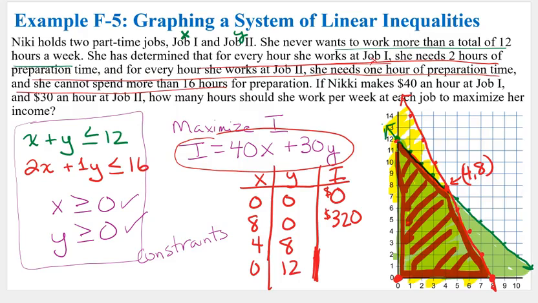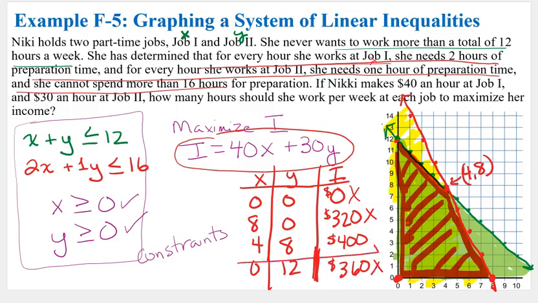Then let's do 4, 8. 4 times 40 plus 8 times 30 would give me 400. So that's better. So 8, 0 is out, right? This is out. So far, this is the winner. Now let's try 0, 12. 0 times 40 is 0. 12 times 30 is, no, 360. So that one's out as well.